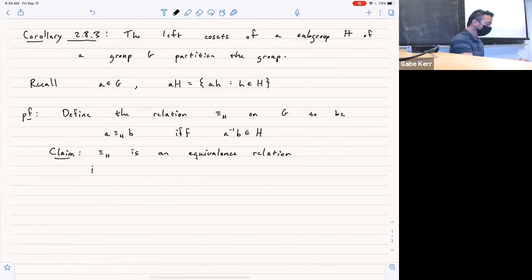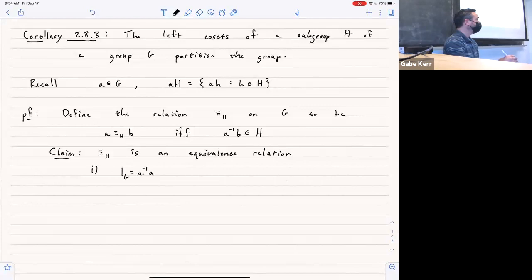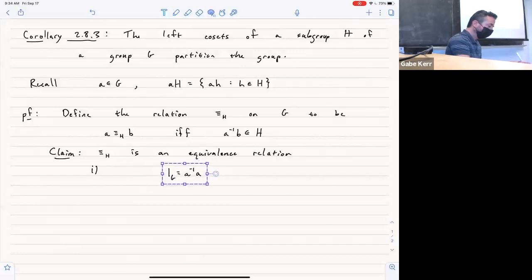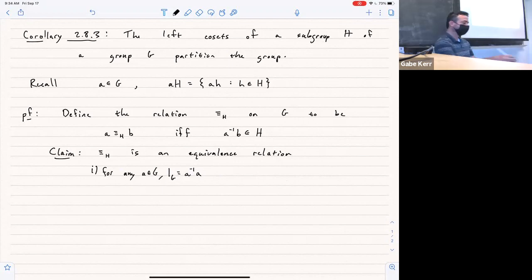Well, 1 sub G is equal to A inverse A, for any A in G. But that's an element of H, right?